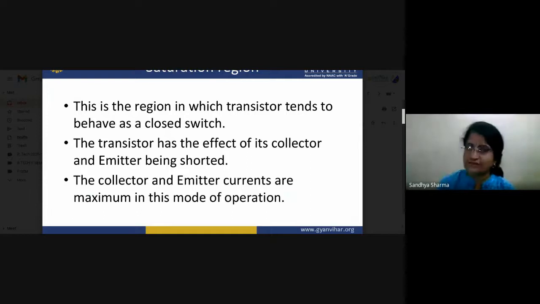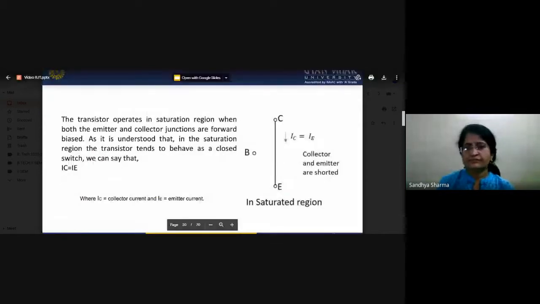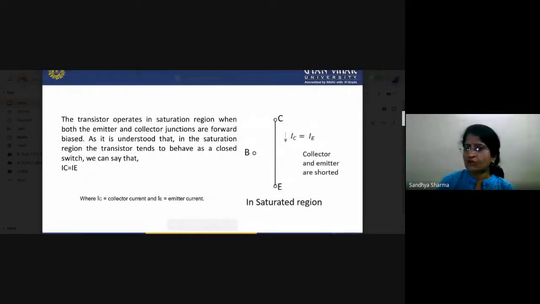So if both junctions are forward biased, both offer very low resistance, which means it will work as a short circuit. Collector and emitter terminals are shorted, and when these are shorted, the collector current is equal to the emitter current. So when our transistor operates in the saturation region, it works as a closed switch. That is the basic reason.